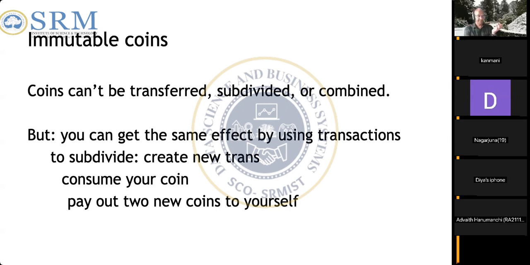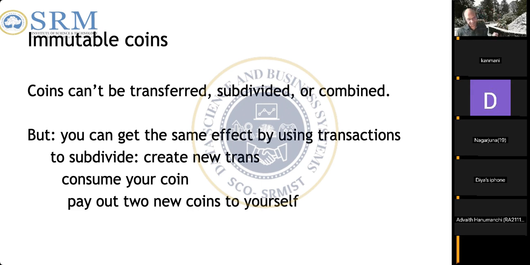Similar to strings and tuples in Python, coins are also immutable. We'll see why immutable coins are important and what advantage it creates. So coins can be created, and coins can be spent, but they cannot be transferred, subdivided, or combined.